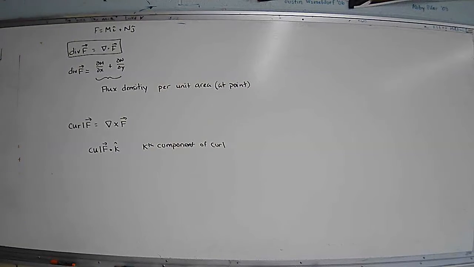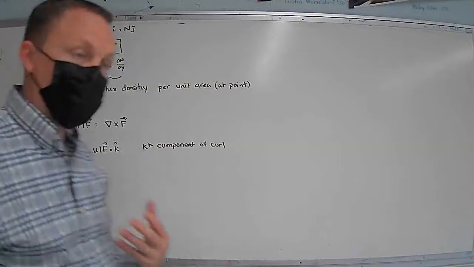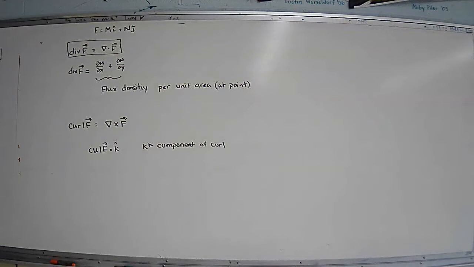I think we said the other day that the curl, particularly when we're in a plane, is giving us a measure of how much rotation there is at a point. So if we're in the xy plane, the axis of rotation is going to be k, straight up.